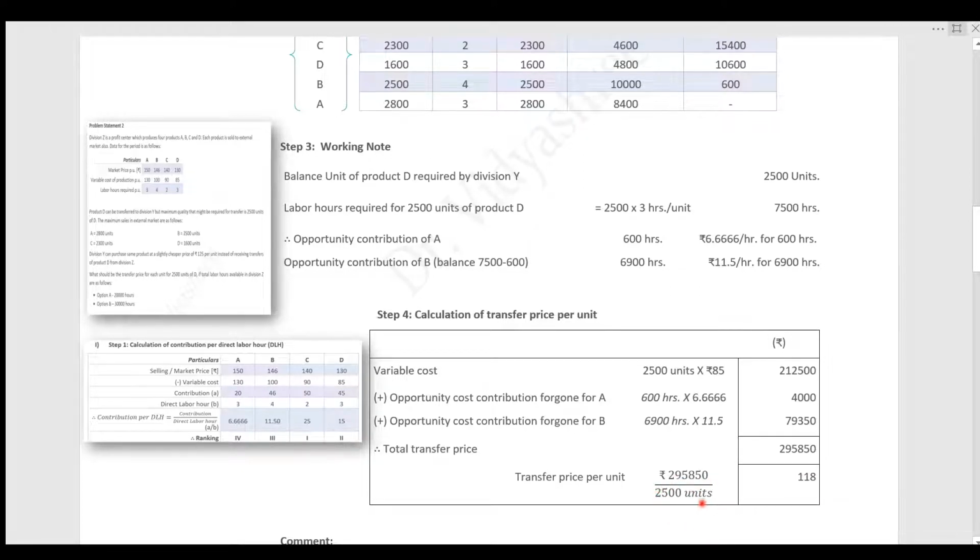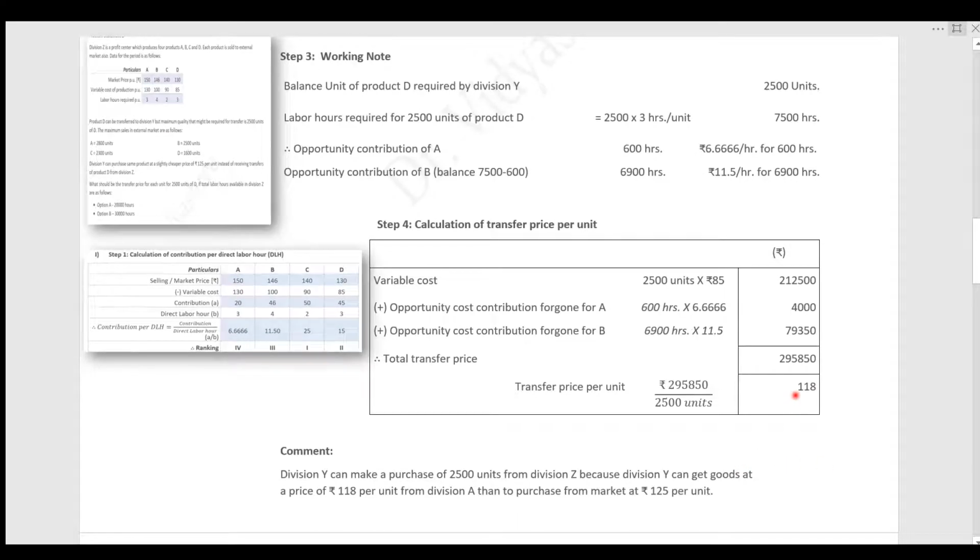Number of units is nothing but what we are willing to transfer to division Y, that is 2,500 units. So you got 118 per unit as the transfer price. Well, if we compare the transfer price per unit and the market rate, obviously division Y can make a purchase from division Z for rupees 118 rather than purchase from the market for rupees 125 per unit.